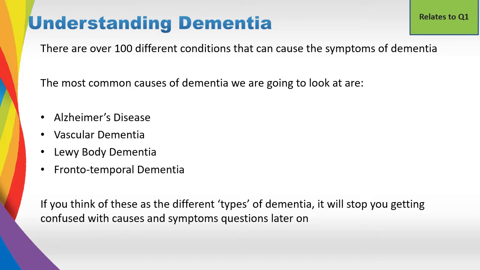So when we're thinking about the causes of dementia, you can also think of that as the types of dementia if you find that easier. The causes of dementia that we're going to be looking at throughout this unit are Alzheimer's disease, vascular dementia, Lewy body dementia, and frontotemporal dementia. Each of these cause dementia, and they do it very differently.